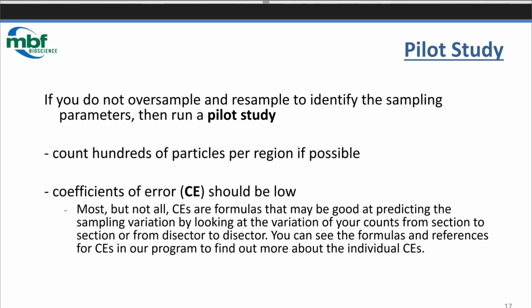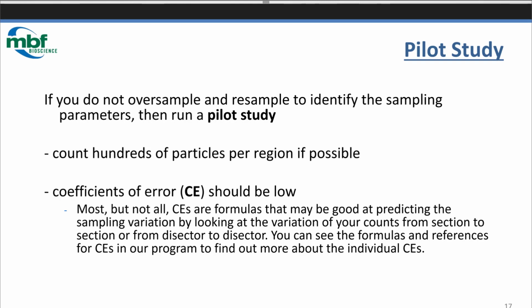Here is a way to set up a pilot study. Make your section intervals so you get about 10 sections. So if you're in CA1 of the hippocampus and you section all the way through that region and you get 100 sections, make your section interval 10, so you'll end up with 10 sections. Then on each section, set the distances among the counting frames, which we call the grid step, so you get about 10 counting frames per section. 10 sections, 10 counting frames.